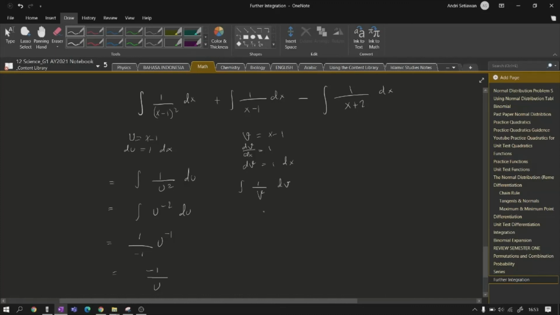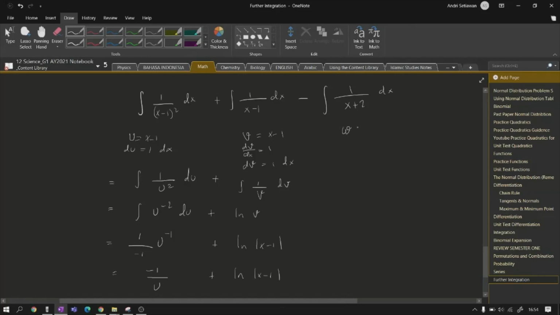The integral of 1 over v is ln v. As you know, we have to resubstitute the value of v to be x minus 1, so ln of x minus 1.